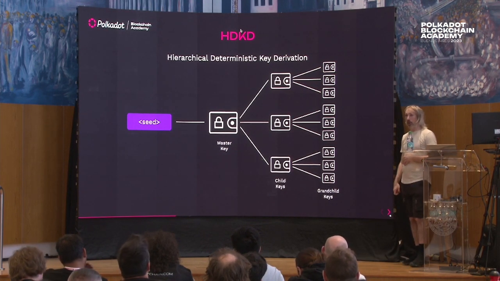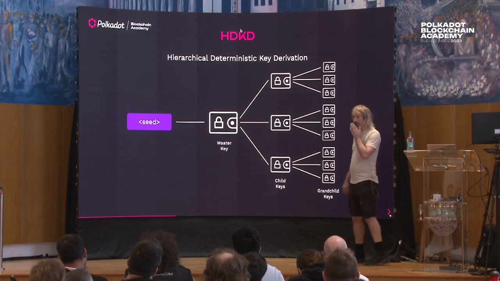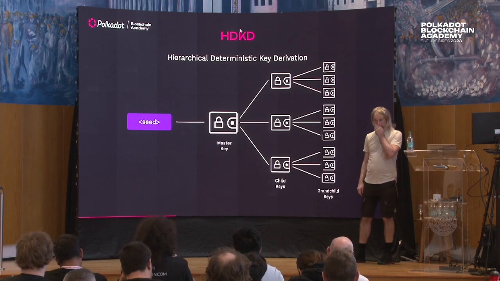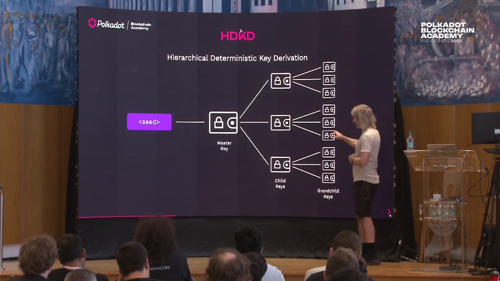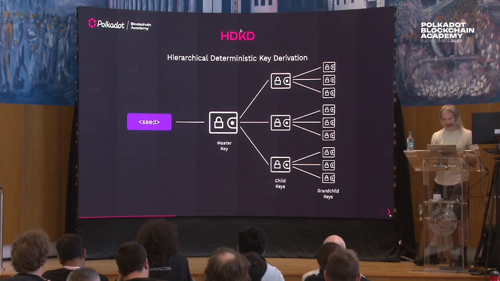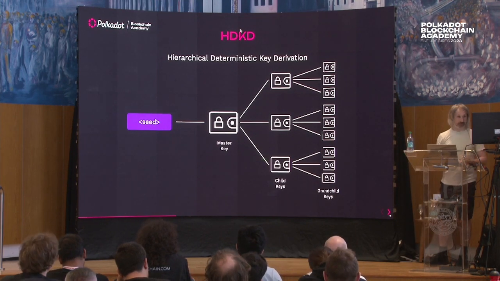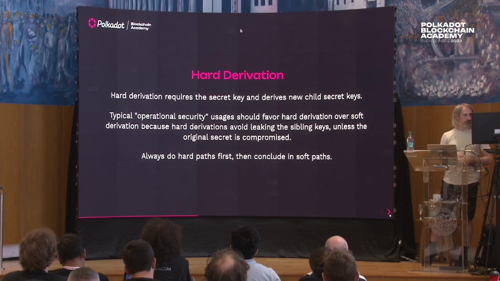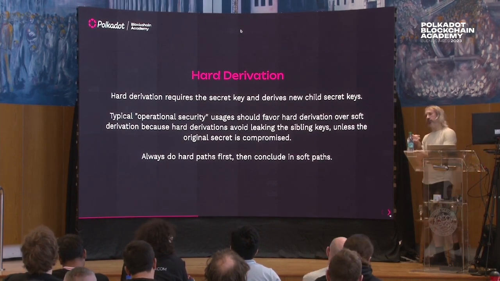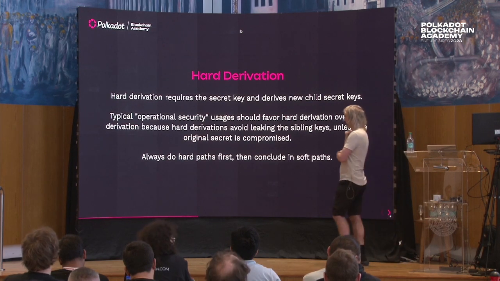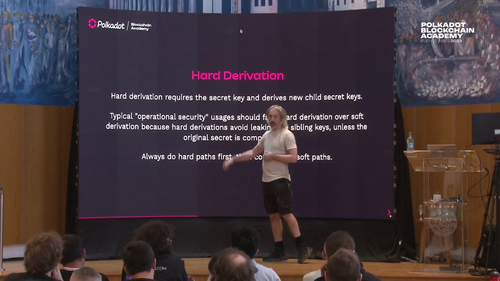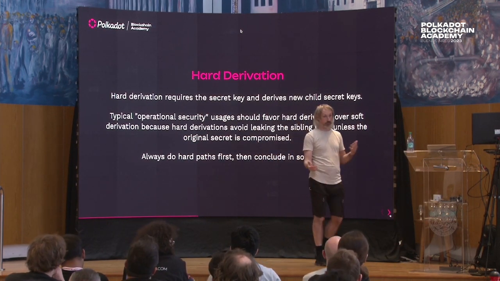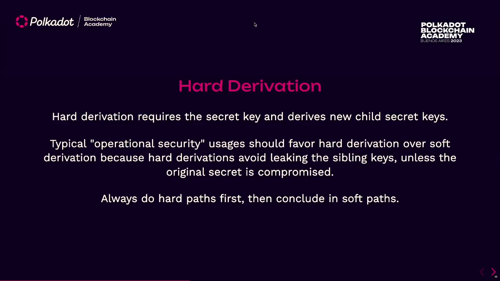So operationally, much less secure. However, it comes with some advantages, which we'll go into in a second. Pretty magical advantages. Okay. Good. So, yes, hard derivation. Most of the time you want to use hard derivation for operational security, because you don't want losing one key to compromise other keys.